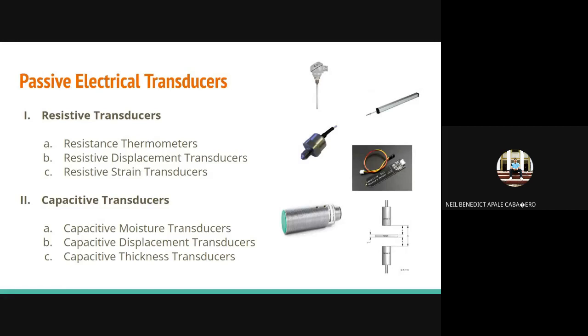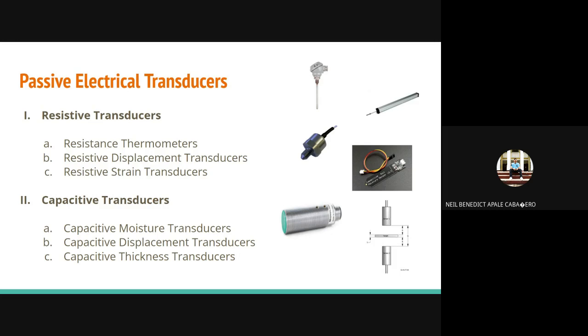So these examples are a few of the many types of transducers. First is the resistance thermometer. Resistance thermometers depend on the change of resistivity of a material when the temperature changes, and this change in the resistivity causes a change of resistance. This is a non-contact transducer.